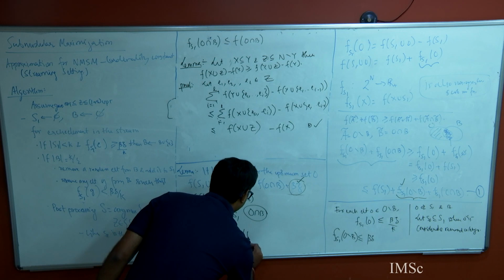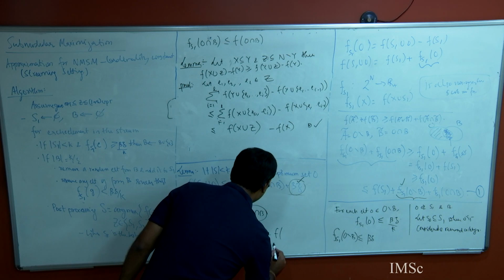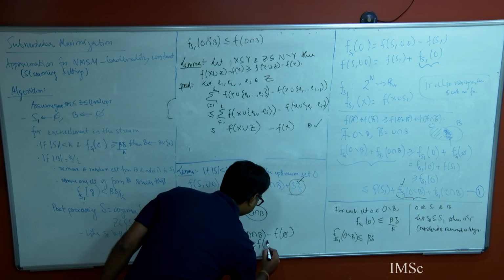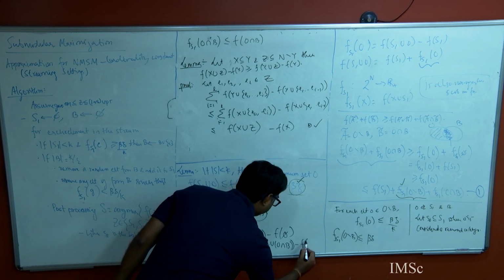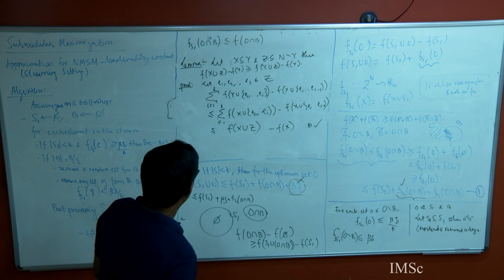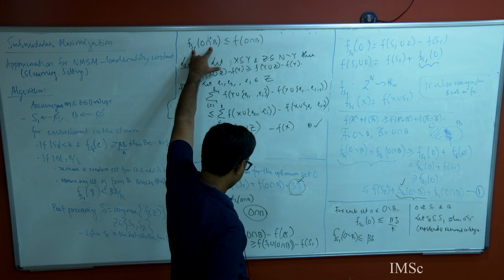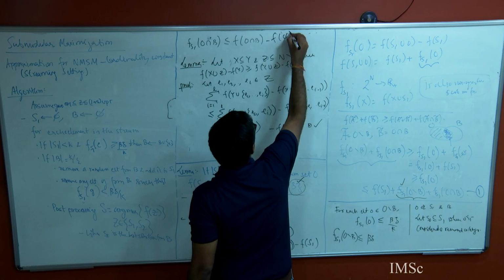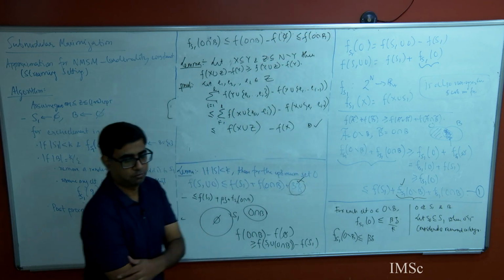We know that f of O intersection B minus f of the empty set is greater than or equal to f of S1 union O intersection B minus f of S1, which implies that this is less than or equal to f of O minus B minus f of the empty set, which is less than or equal to f of O intersection B, because this is positive.